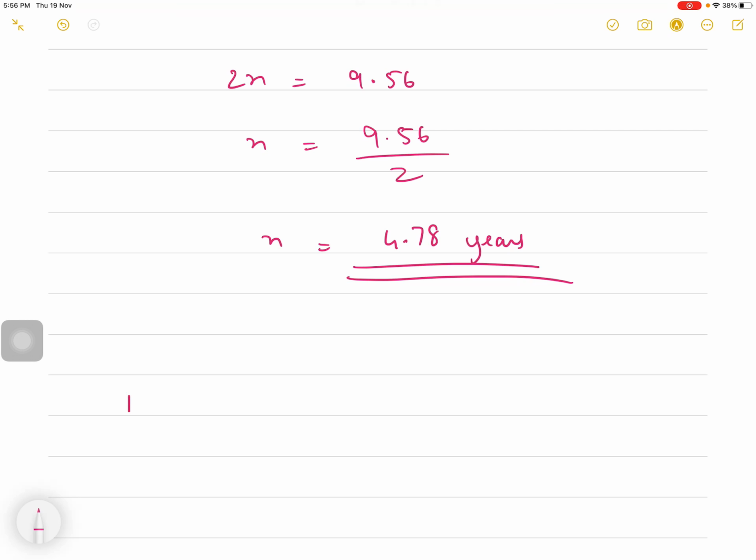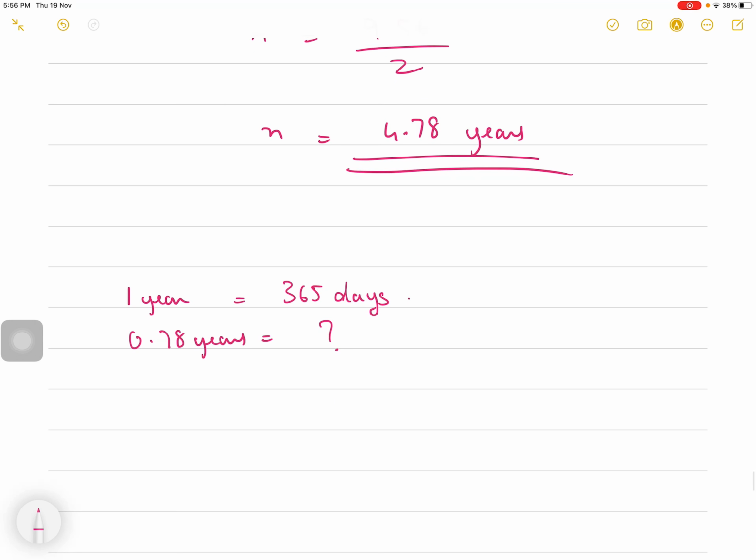So how do you convert? If 1 year is equal to 365 days, so 0.78 years is equal to how many days? So you just do 365 multiplied by 0.78.